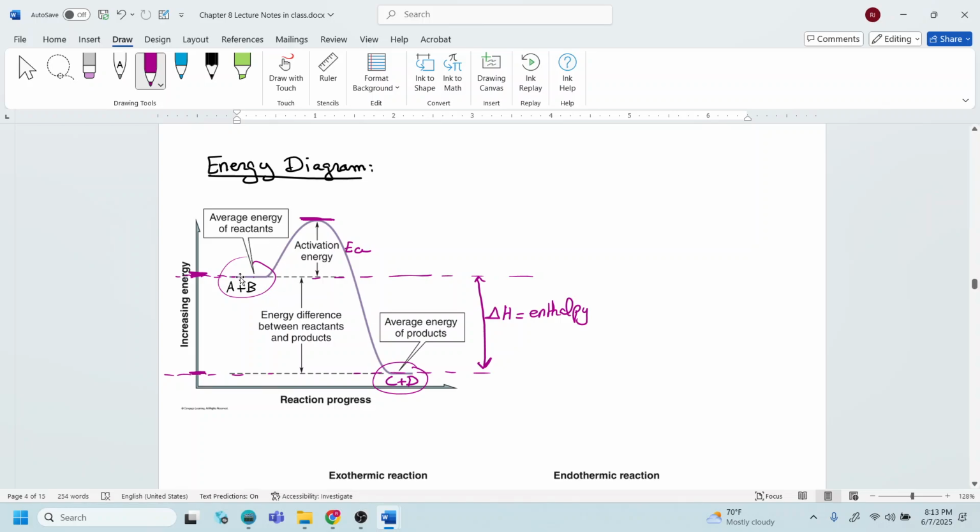To measure the enthalpy, you look at your reactants, you look at your product, and you measure the distance between them. Your enthalpy here is negative. So this is a sign that the reaction is going to be spontaneous, and it is an exothermic reaction, because we know in an exothermic reaction, the enthalpy is going to be negative.